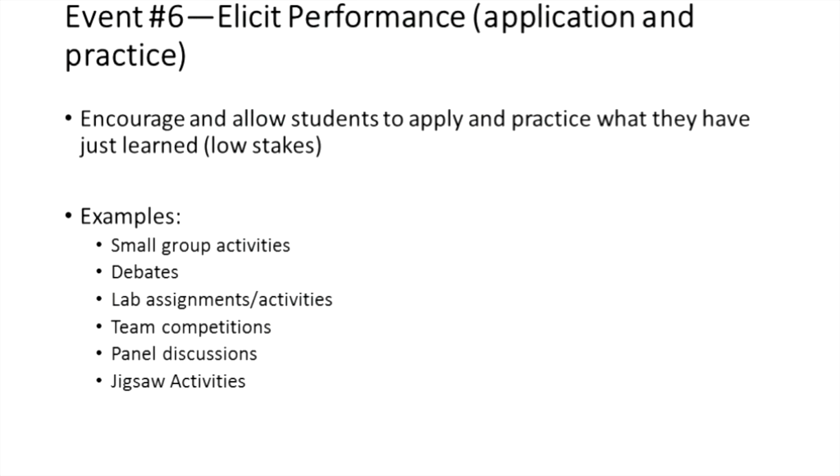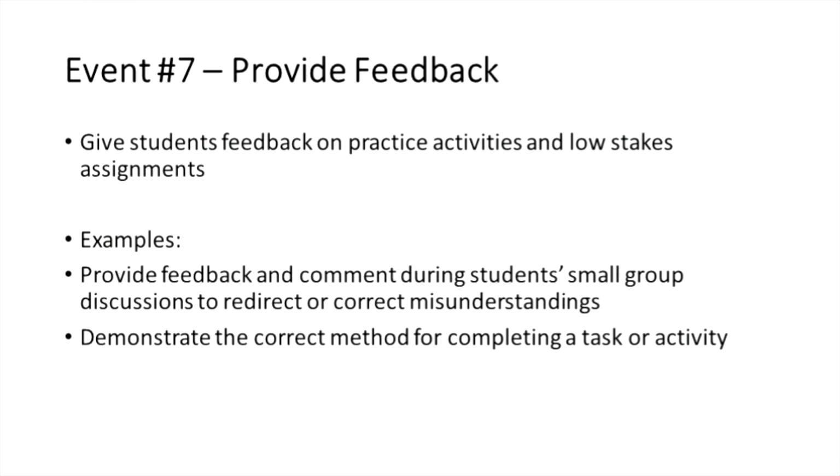So these are activities where students are actually mastering the behaviors and the skills and tasks that they need to do to be successful and to learn the content. So examples here might be small group activities, debates, lab assignments or activities, team competitions, panel discussions, jigsaw activities, etc. The idea is that students now are applying what they've learned.